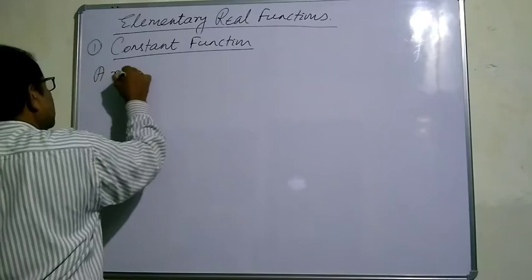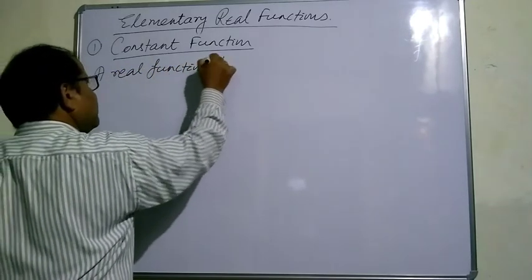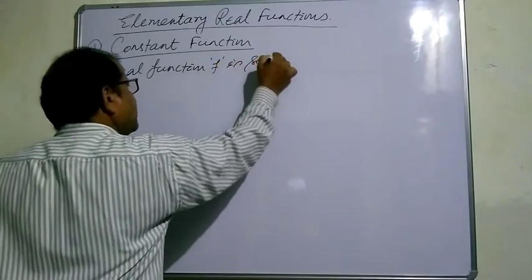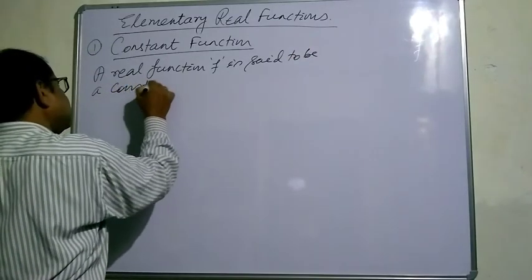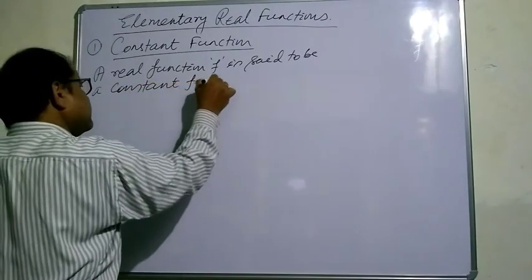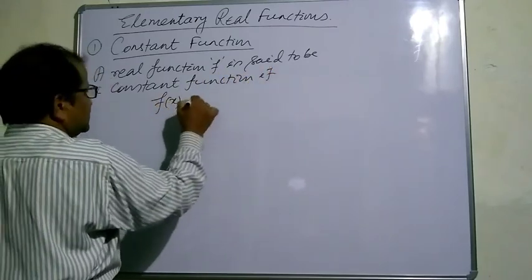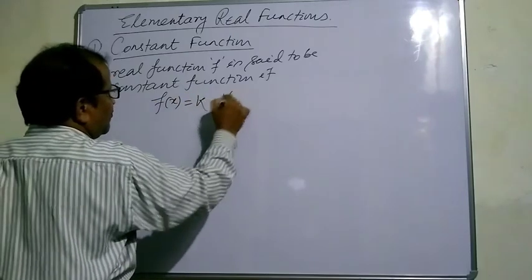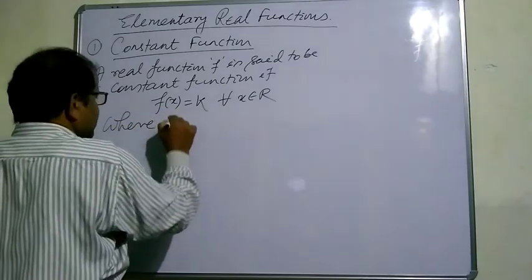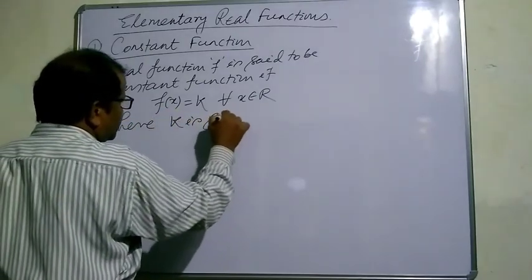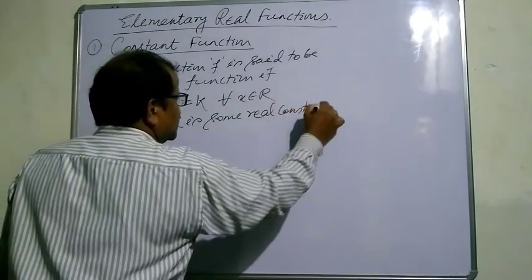A real function f is said to be a constant function if f of x is equal to k for all x belongs to R, where k is some real constant. It's a fixed number.